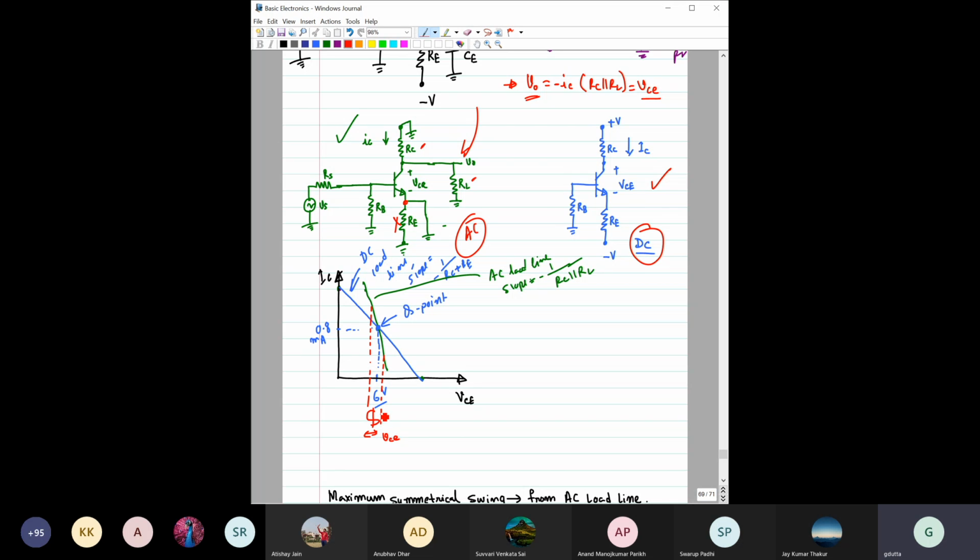If you have to find it analytically, then also you can find it in this way. You can simply write this V naught equal to IC into, for this particular case, RC parallel RL, which is basically equal to v of CE, right? And you know what is the value of IC?